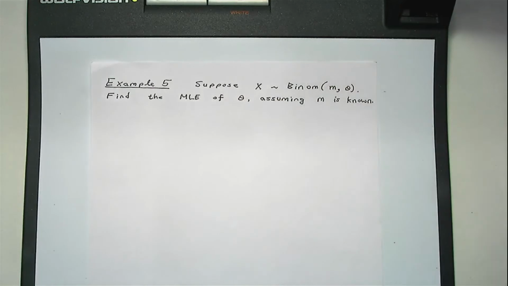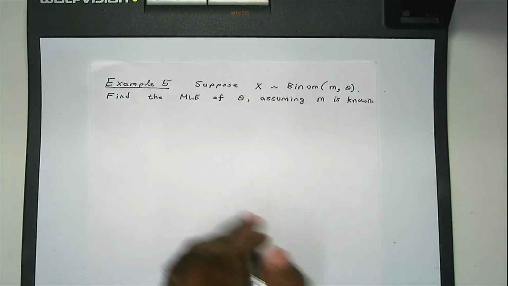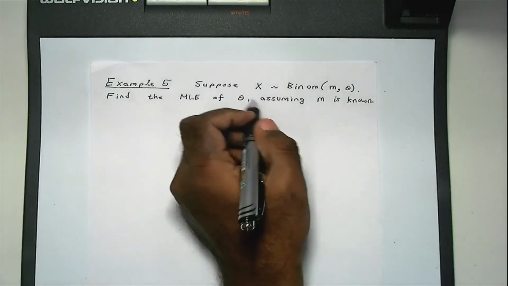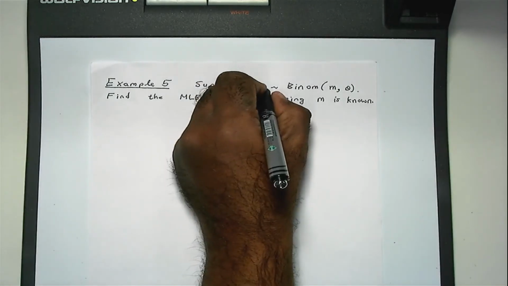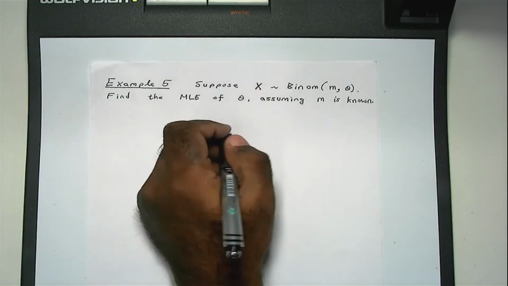Now this is a little bit tricky, because you will see here that you only have one x. You only have one data point.